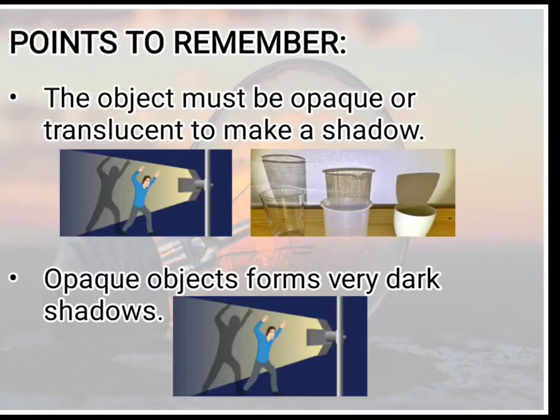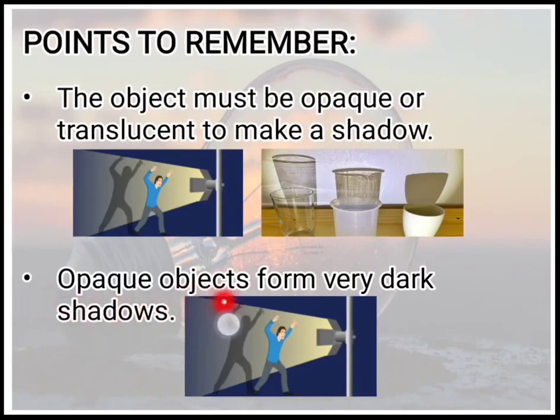So let's discuss some points related to these objects and shadow. The object must be opaque or translucent to make a shadow. Opaque objects form very dark shadows.